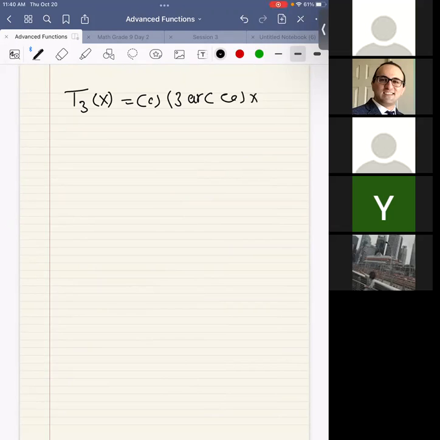Again, we assume that arc cosine of x is theta. So if arc cosine of x is theta, that means by definition, x is equal to cosine of theta.